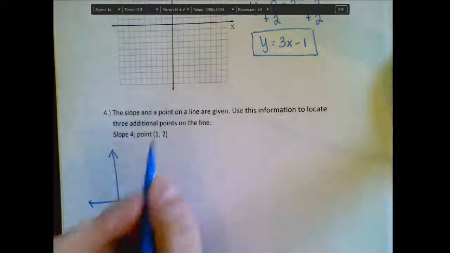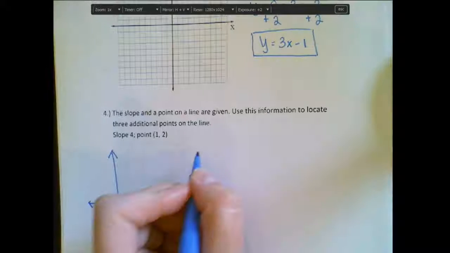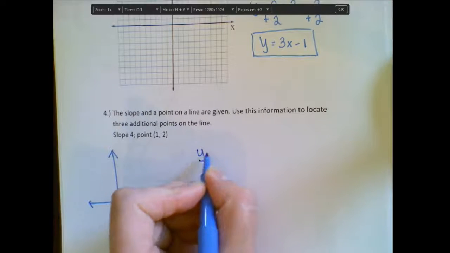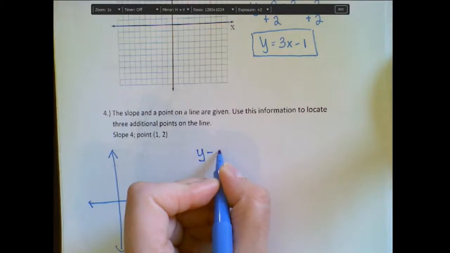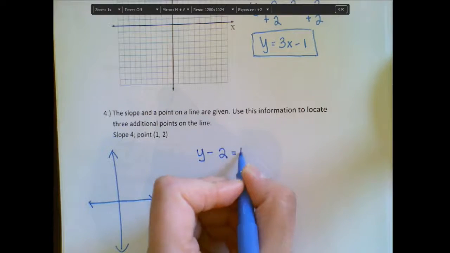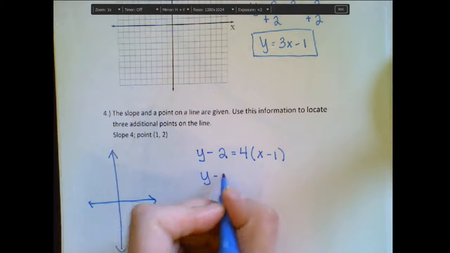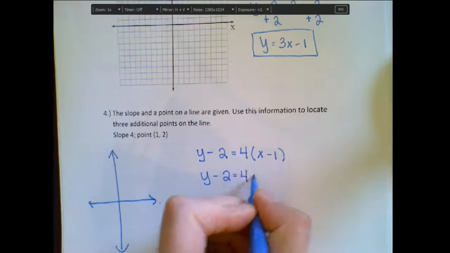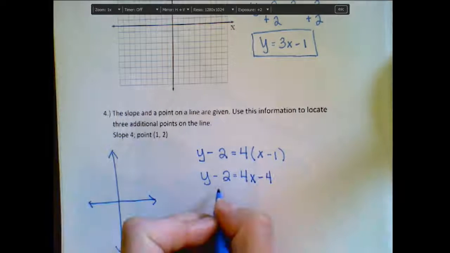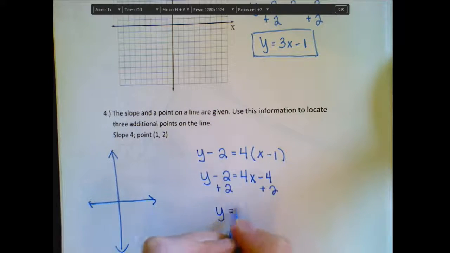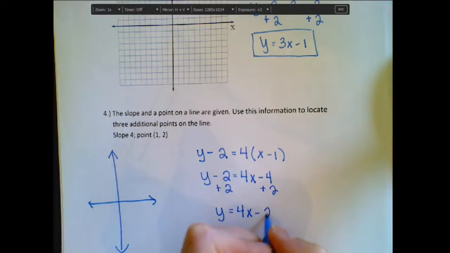So I'm going to do our point-slope form. So y minus y1 equals 4 times x minus 1. Y minus 2 equals 4x minus 4. Combine like terms. Y equals 4x minus 2.